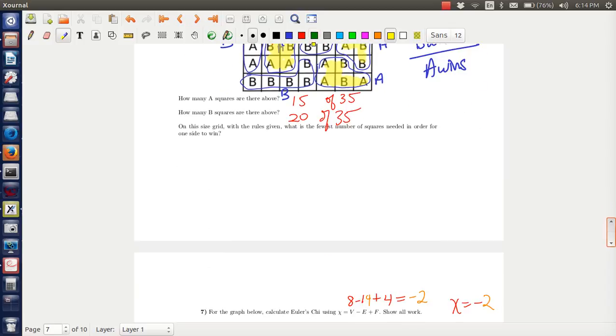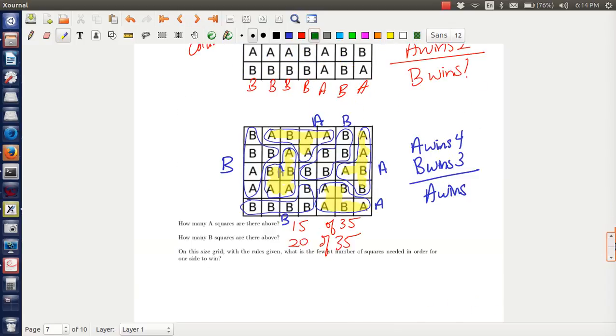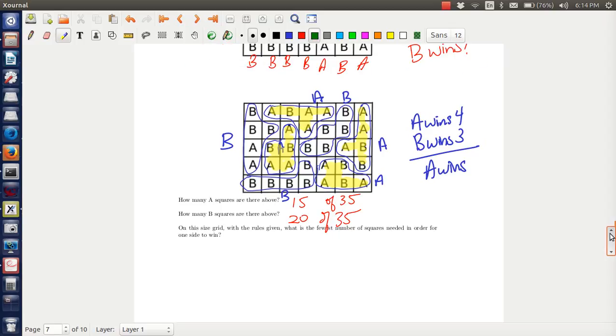Which of course leads to the next obvious question: how many A's do we need to win? Well, we actually didn't need these guys at all. They didn't help us. And so if you think about it, on this size grid with these rules, you need to win 4 out of 7 districts.